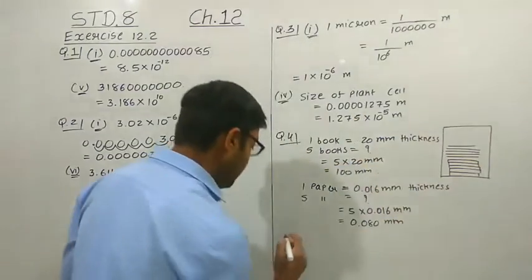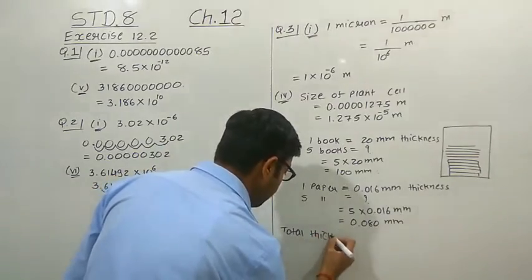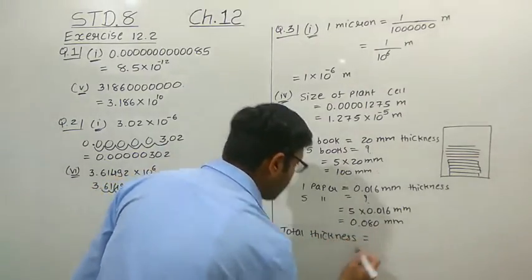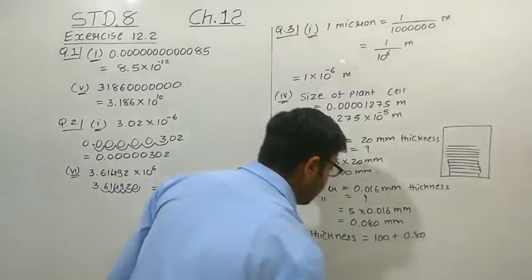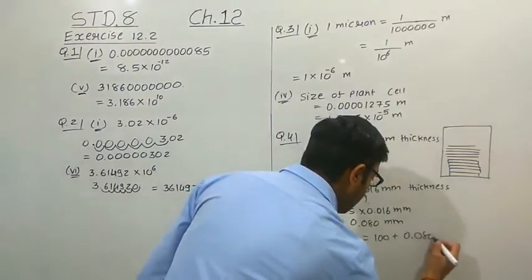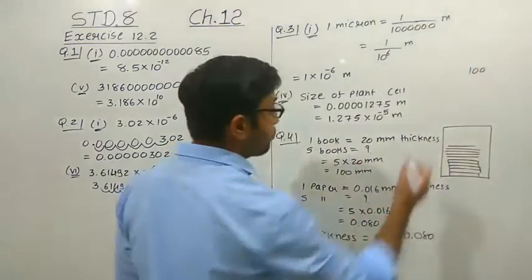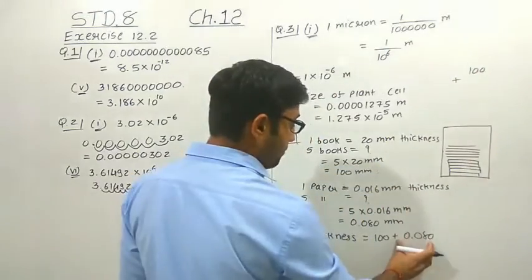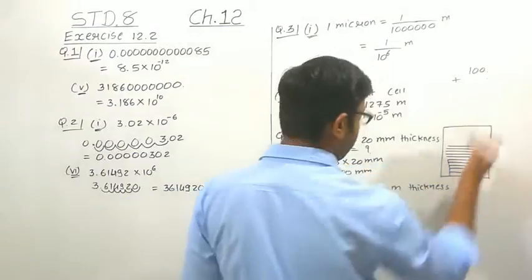Let us directly add. So we can write that the total thickness is equal to 100 plus 0.080. The decimal point in 100 is here, and here the decimal point is here.